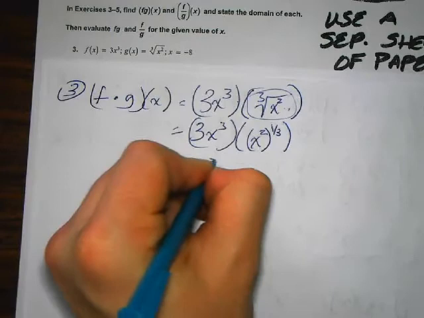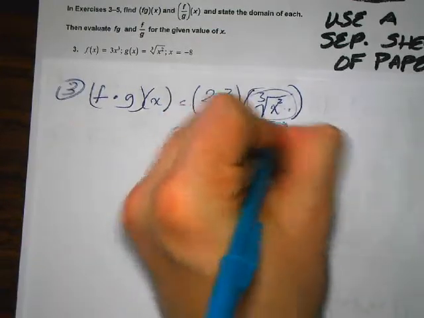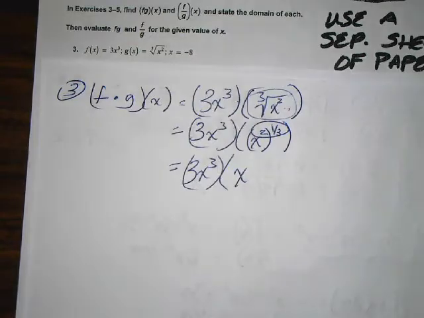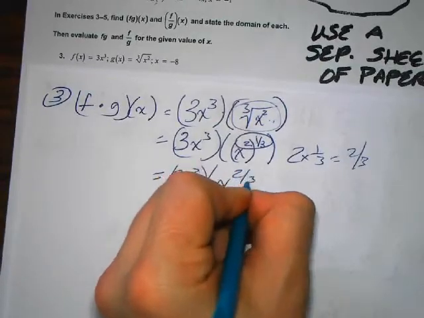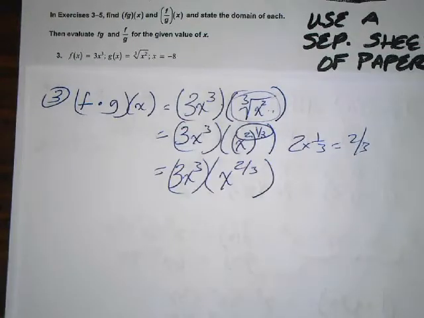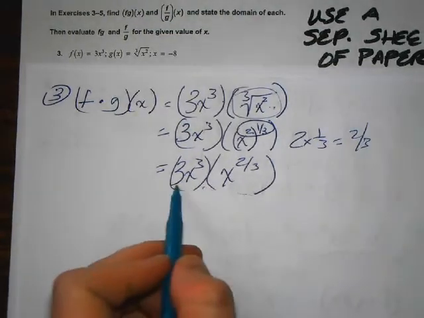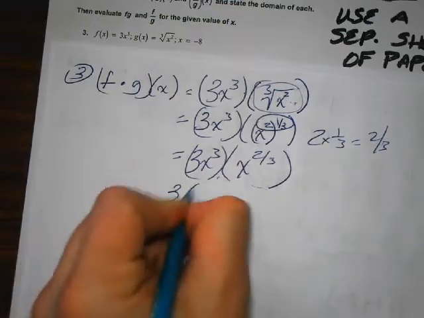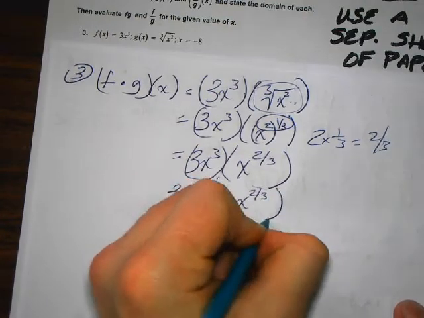Alright, so 3x cubed times x, and we'll use the power of a power property to multiply our exponents together. 2 times 1/3 is 2/3. Now I'm multiplying my like bases. So I have 3 times x cubed times x to the 2/3 power.